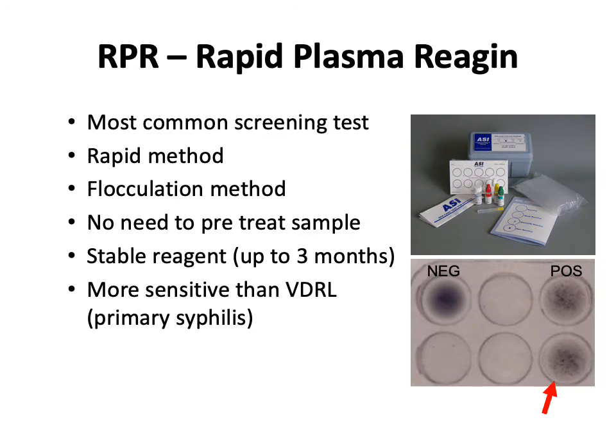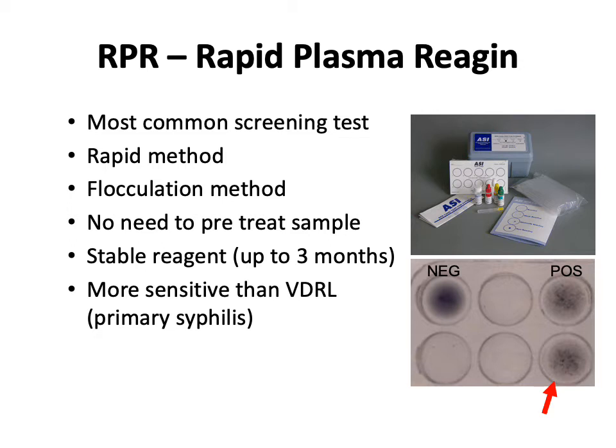The rapid plasma reagent test, or RPR, is a rapid method and considered the most common screening test. It is a non-treponemal screening test that detects reagent antibodies using a flocculation method. Activated charcoal in the reagent makes the flocculation visible macroscopically, so no microscope is needed.